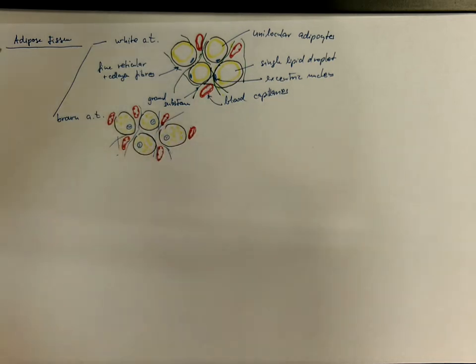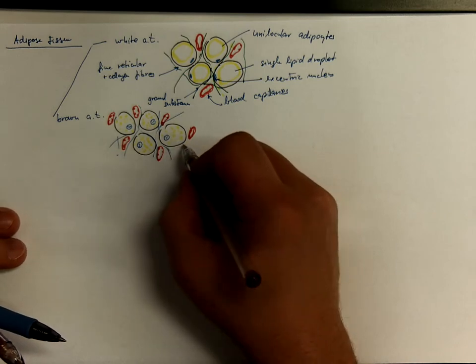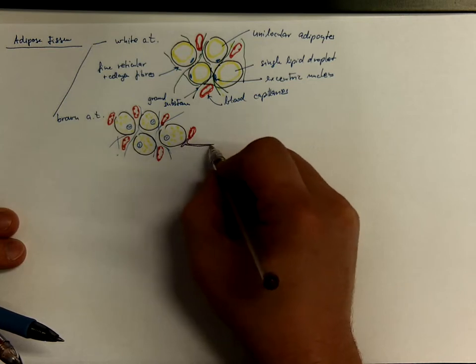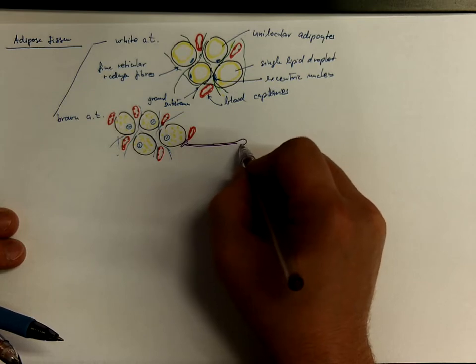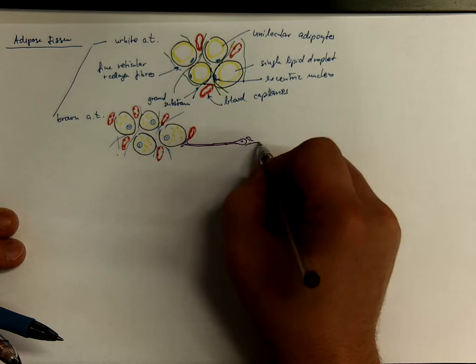And interestingly, the multilocular adipocytes receive a nerve supply from the second neuron of the sympathetic part of the autonomic nerve system.